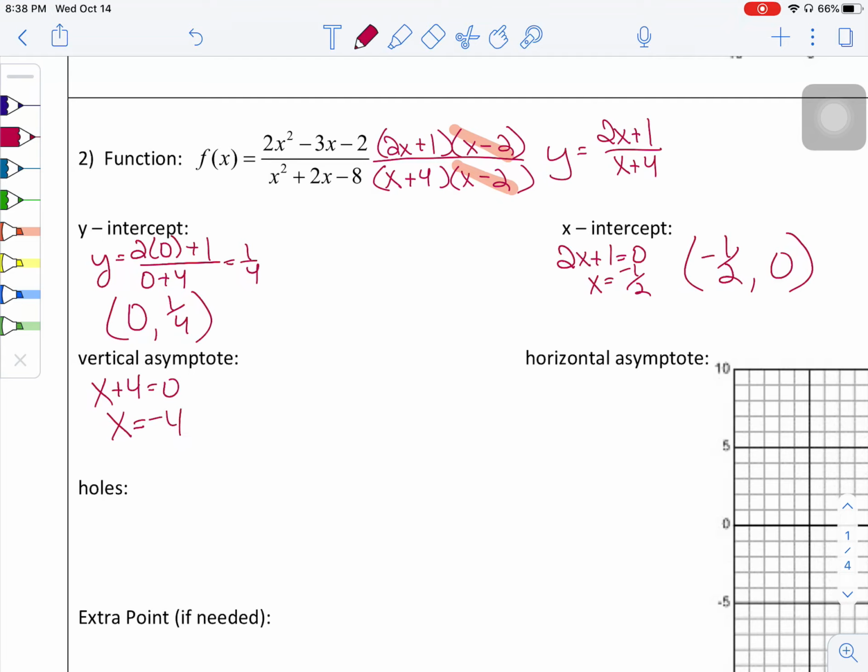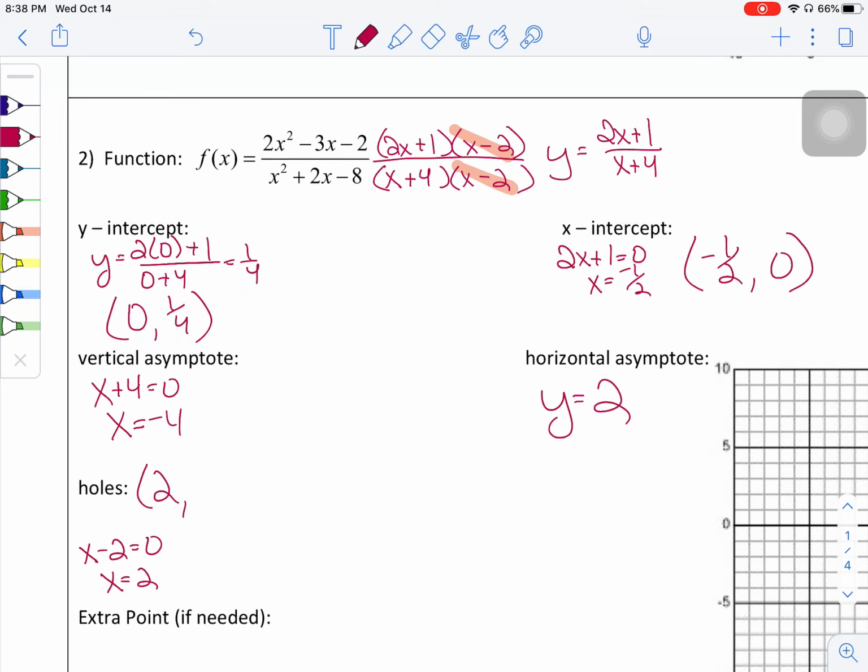Horizontal asymptote, in this case, you've got the leading x's here. You have the same degree. So x to the first, just divide the coefficients. So 2 over 1 gives me a horizontal asymptote of y equals 2. We do have a hole in the graph, so I'm going to take the piece that I canceled out, set that equal to 0, so x is equal to 2.